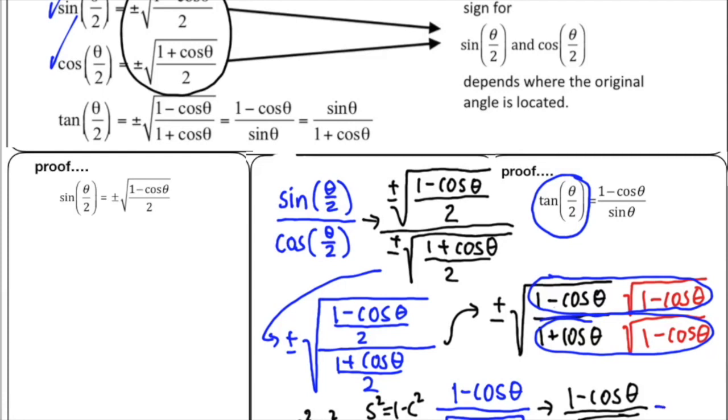And so at the end of the day, I end up with 1 minus cosine theta all over sine theta, and it looks like we got it. Okay, this guy right here. And so we are done proving those out, showing why they work, and let's go ahead and take a look at how they work in the next video.